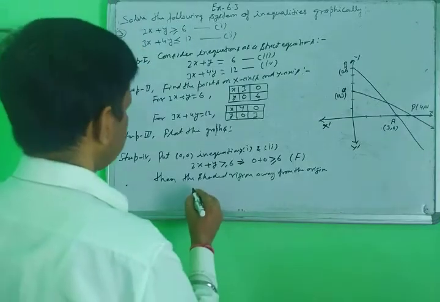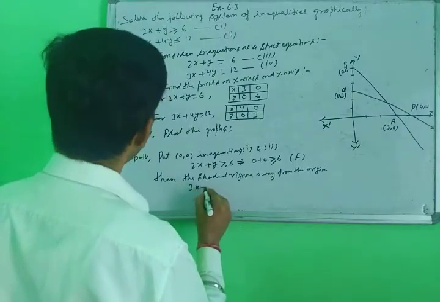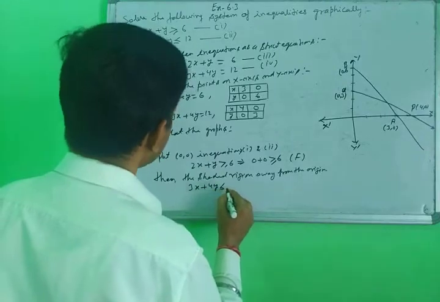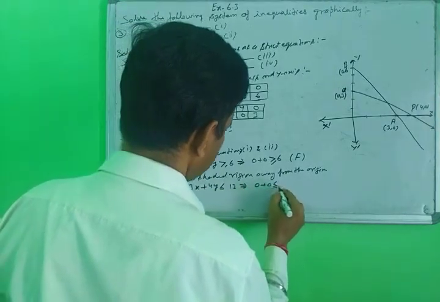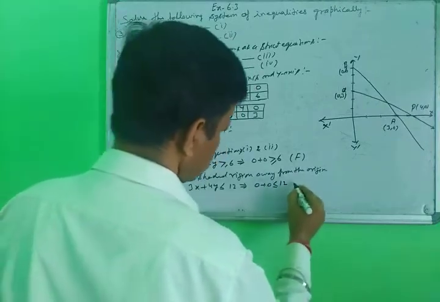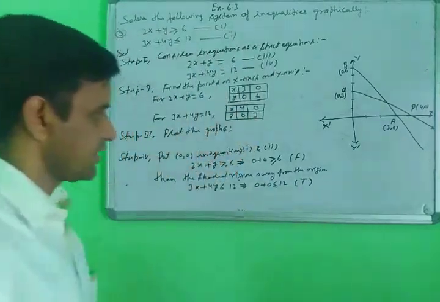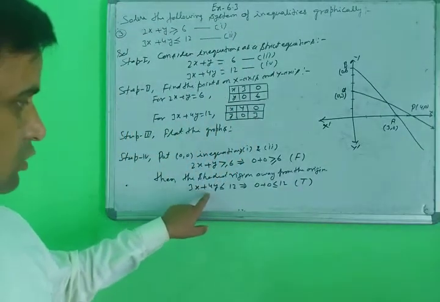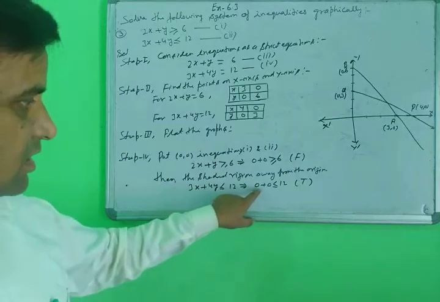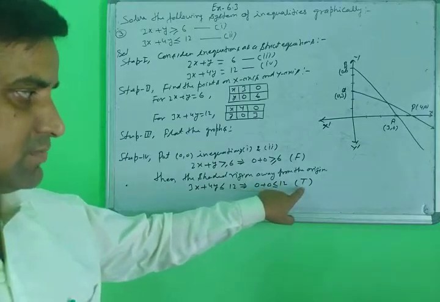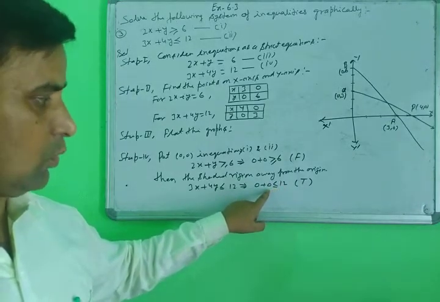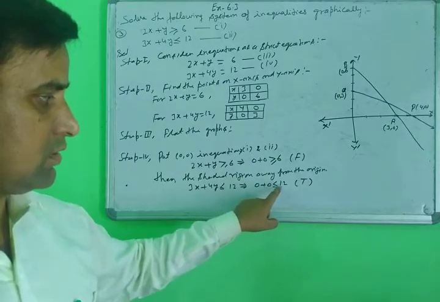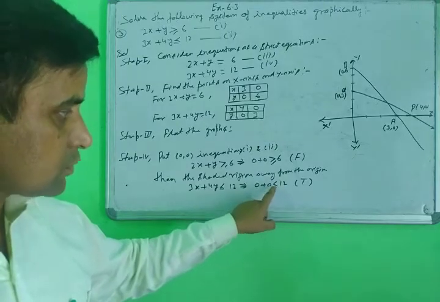Now 3x plus 4y less than or equal to 12. So putting 0 plus 0 less than or equal to 12, this condition is true. Suppose you are putting 0, 0 here, the result comes here as 0 less than 12.